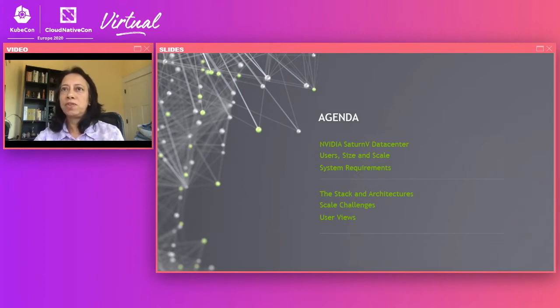Next, we will go over the stack and a couple of architectures of the stack that we set up to meet these requirements. We will also cover some details of GPU metrics collection. We will look at the scale challenges we hit and how we solved for them. Finally, we will look at some example user views.